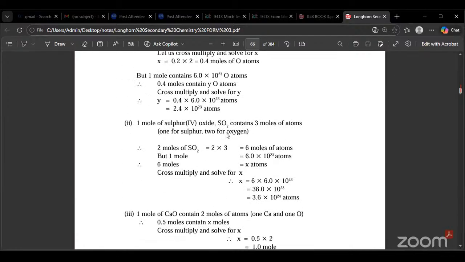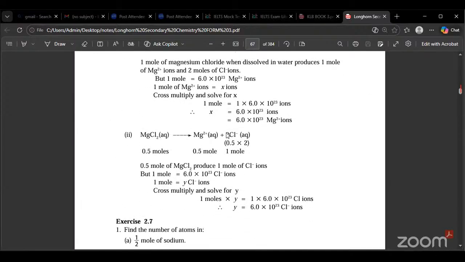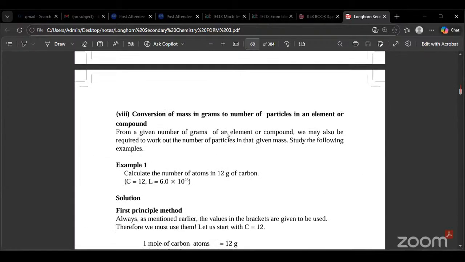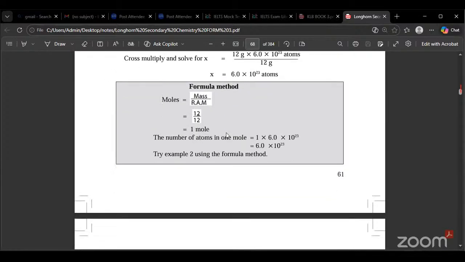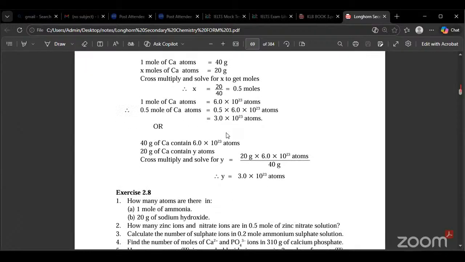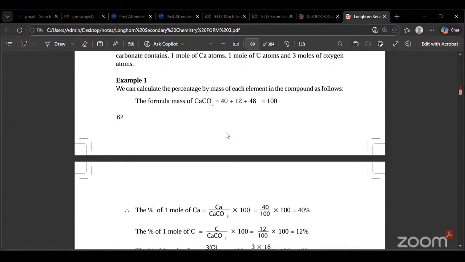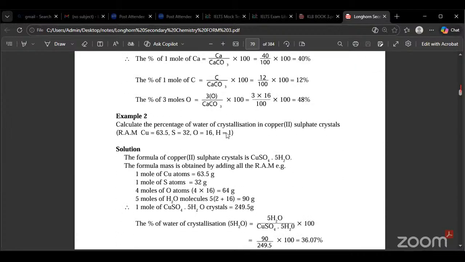This one is a different book. I've not been using this book, that's why I don't know. It's bringing a lot of problems. I've been using the other KLB, but I saw this one now for the empirical formula. It has more. It is slightly better than the KLB.